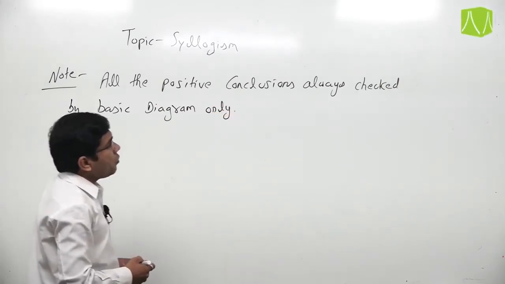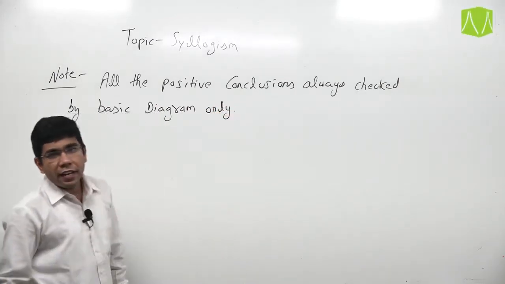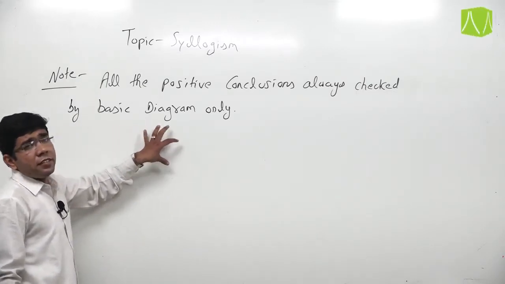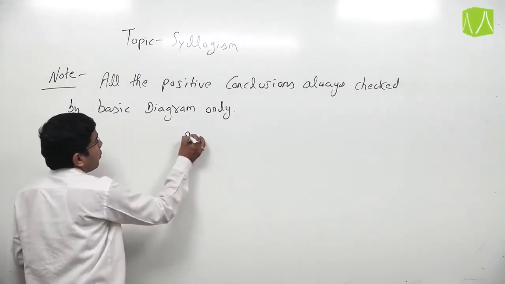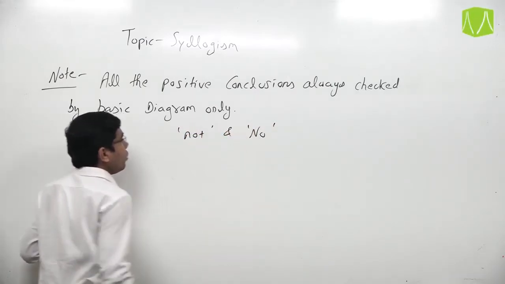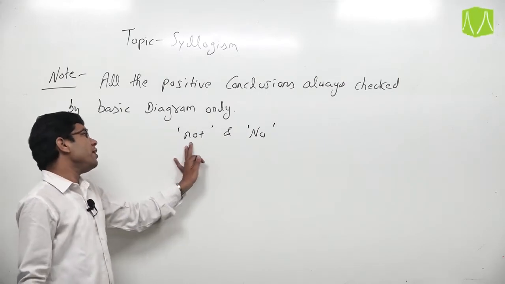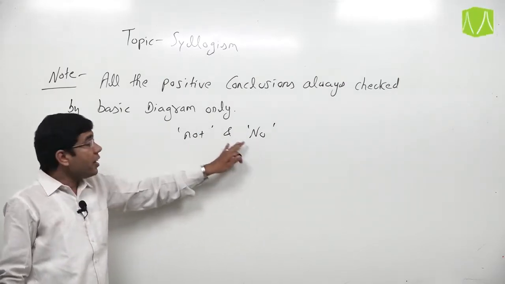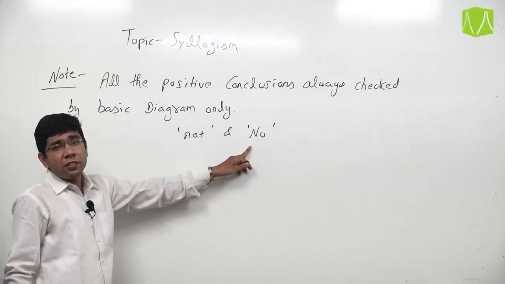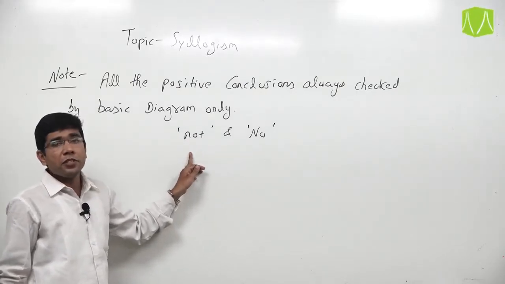All the positive conclusions are always checked by basic diagrams only. If in the conclusion there is 'not' and 'no' word present, then it is called a negative conclusion. But if there is no 'not' and 'no' word present, it is called a positive conclusion.